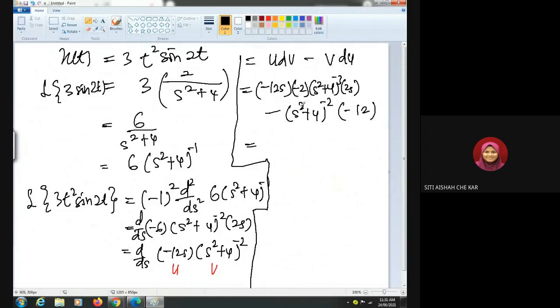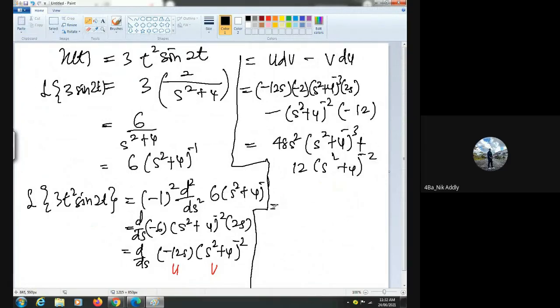Negatif, positif 12 darab 2, 24 darab 2, 48. 48 S square, S kuasa 2 plus 4 kuasa 3, tolak, positif tambah, negatif, 12 S kuasa 2 plus 4 negatif 2. So your final answer is, yang atas tu negatif.